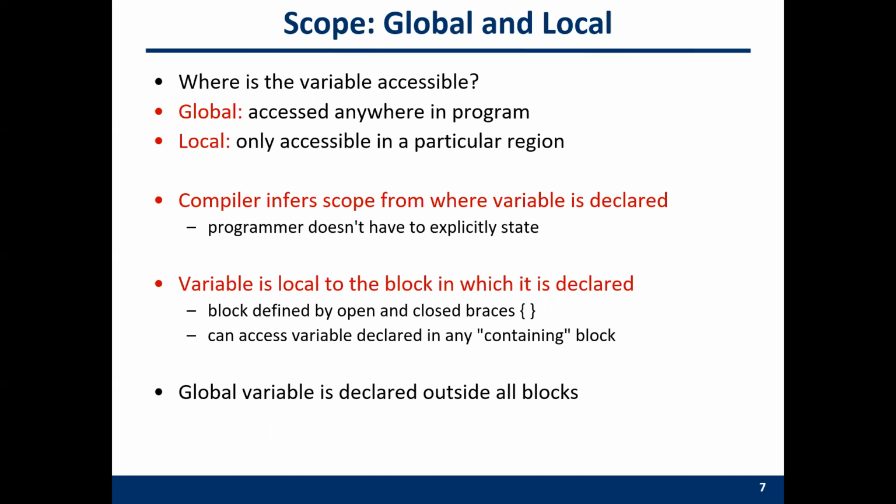When you declare a variable, it can be global or local. A global variable means you can access that particular variable anywhere in the program. But a local variable can only be accessed in some regions.